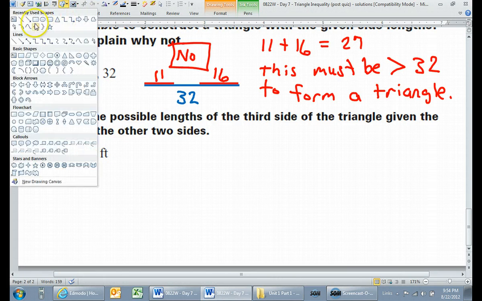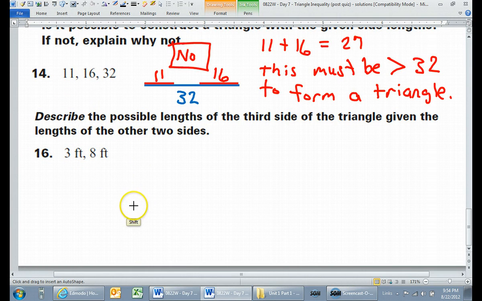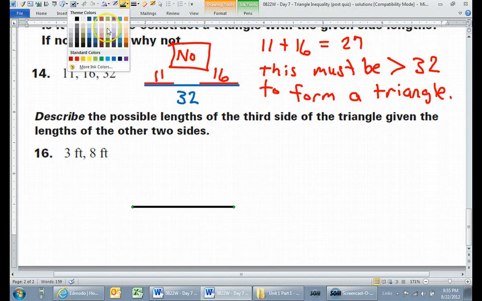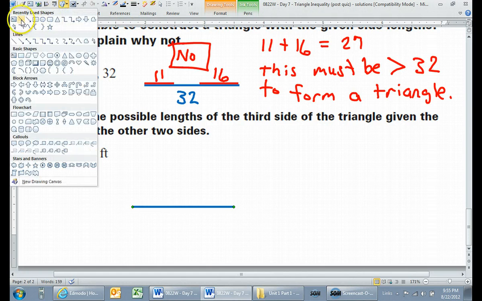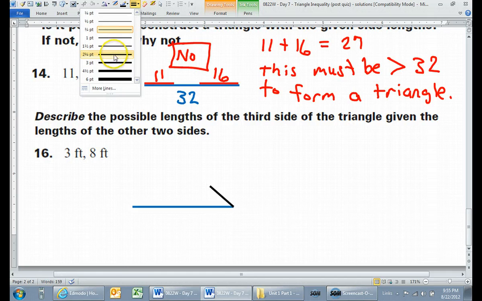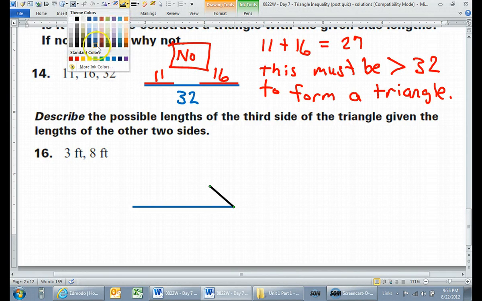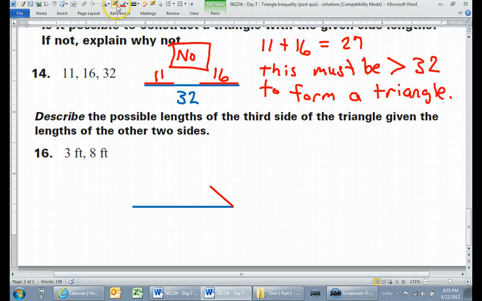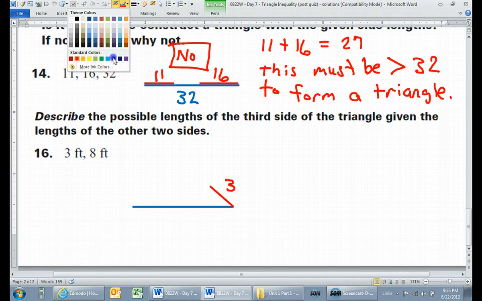So here's my 8, let's make it a little bit bigger. And say this is my 3. So I've got my 8 and my 3.